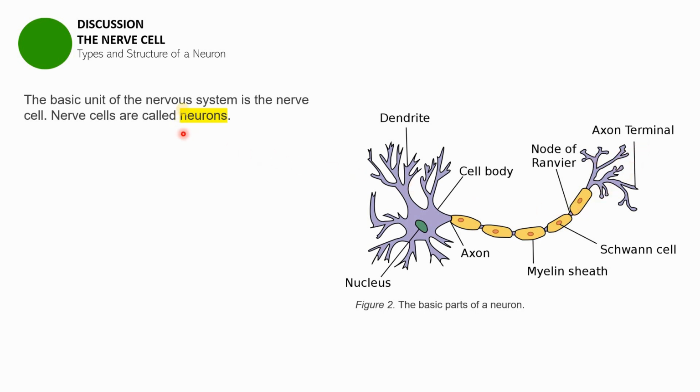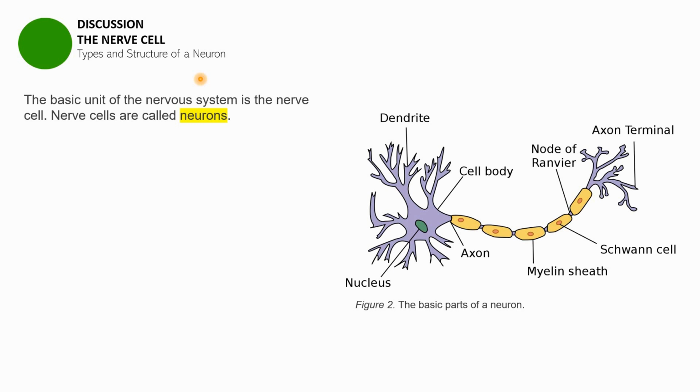The basic unit of the nervous system is the nerve cell. So when we're saying the basic unit, we mean that when you put these nerve cells together, you can create the entire nervous system. You get what I mean? So they are the building blocks of our nervous systems.